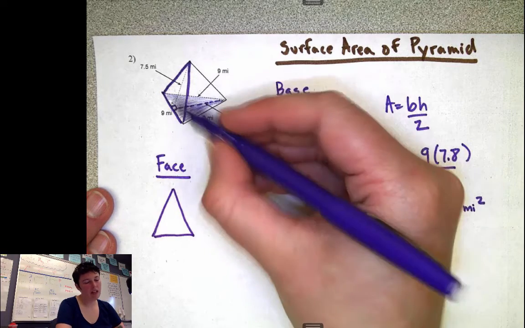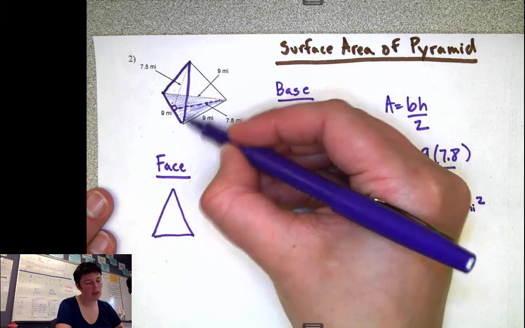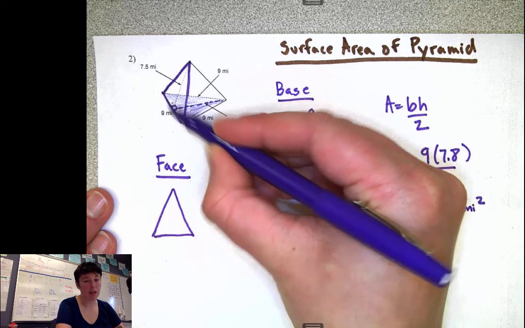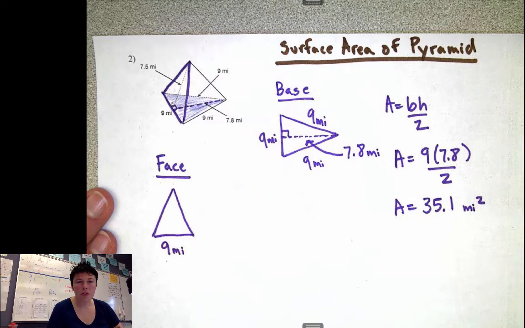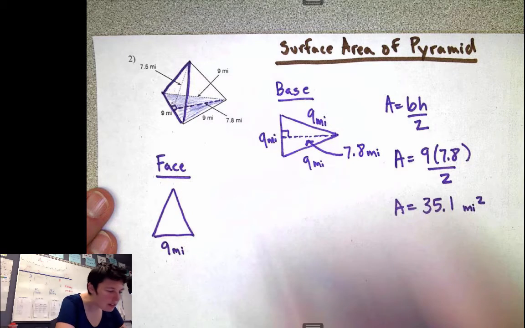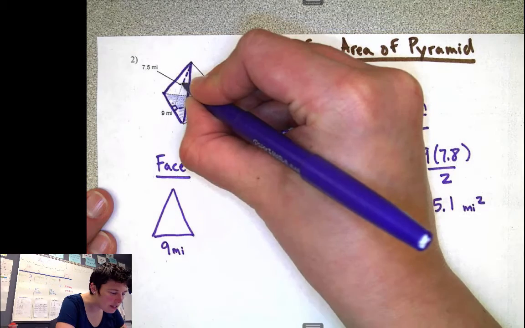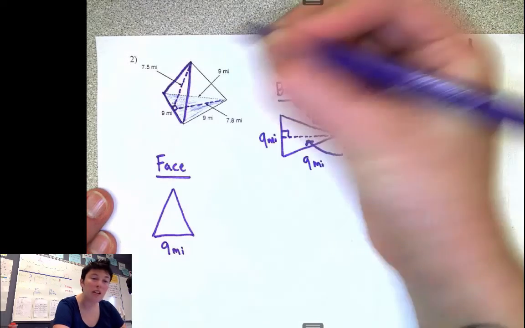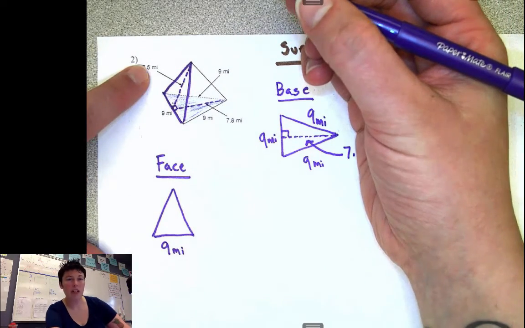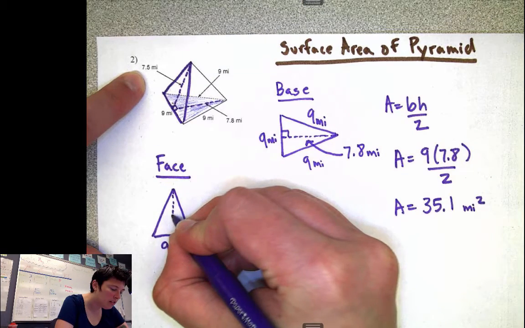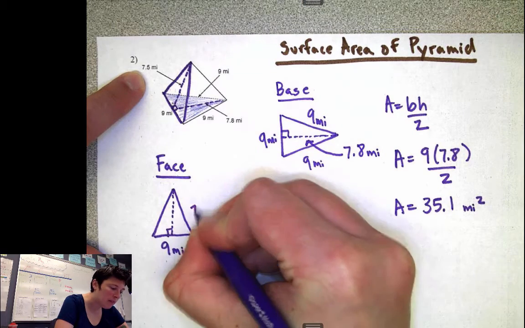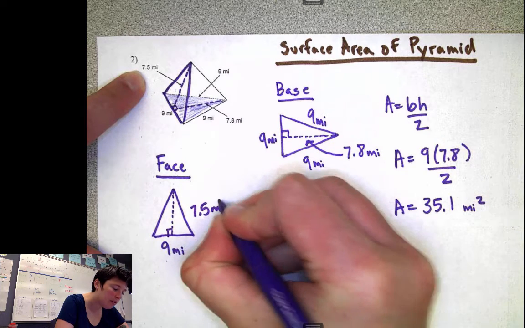So looking very carefully at that triangle, on the bottom I see it's 9 miles across. So here's 9 miles. I can also see in my picture another one of those light, faint dotted lines, making a 90-degree angle. And you can see the little arrow pointing to it here says 7.5. So right down the middle, I see a measurement of 7.5 miles. Right there.